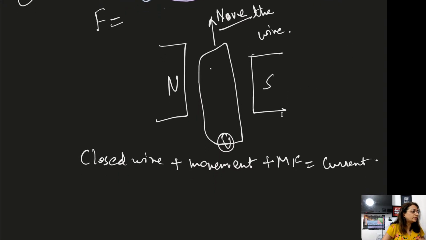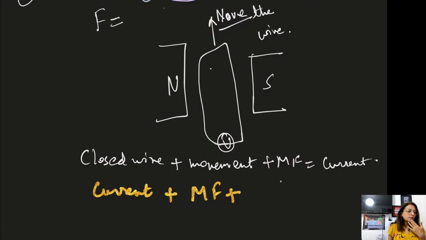However, the motor effect, Alvin, is totally opposite. What happens in the motor effect is this. You need what plus what? Current, and you need the magnetic field, which is common for both of them, plus a battery.